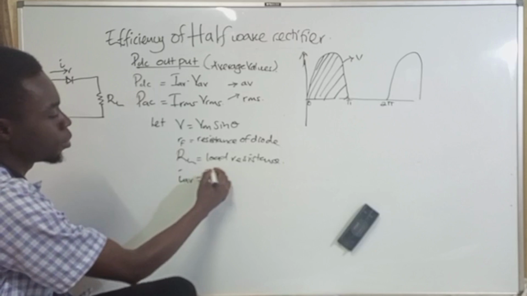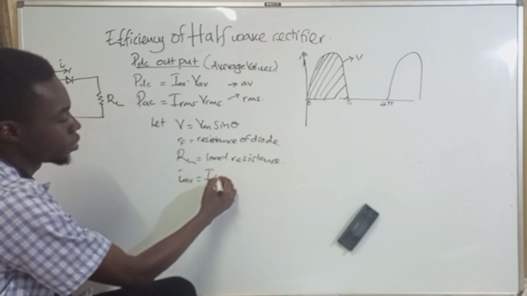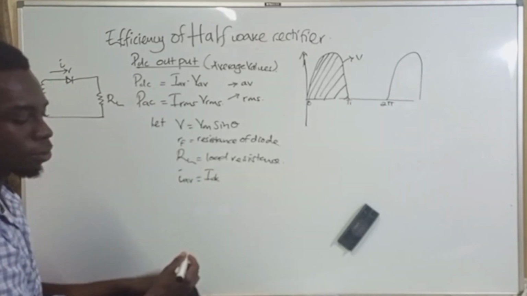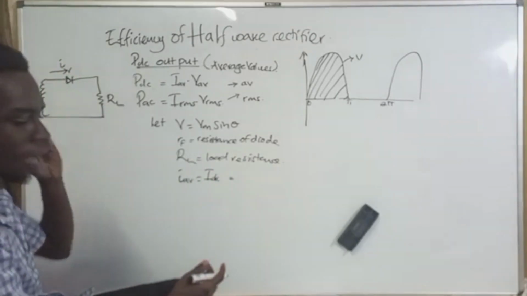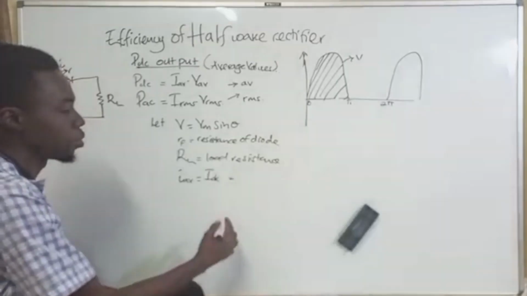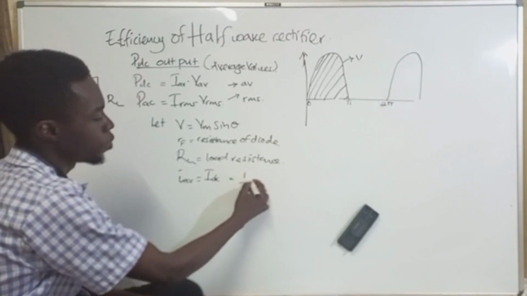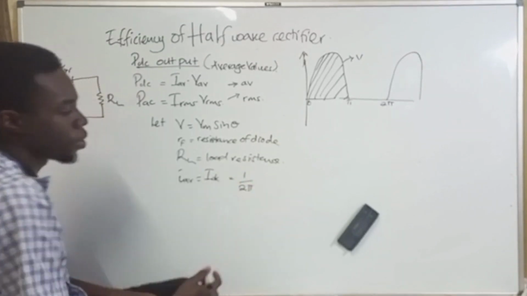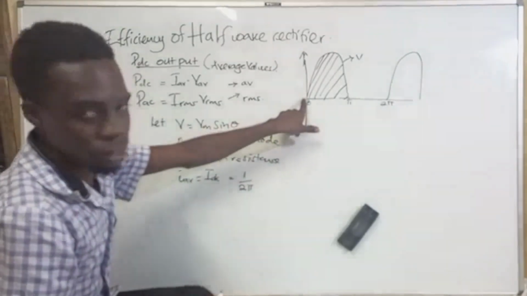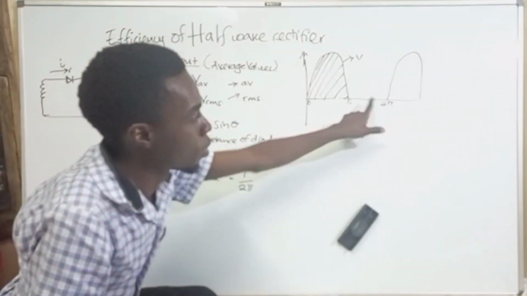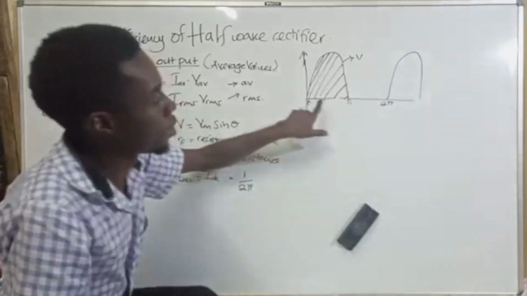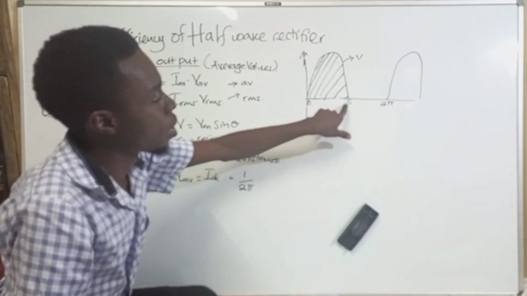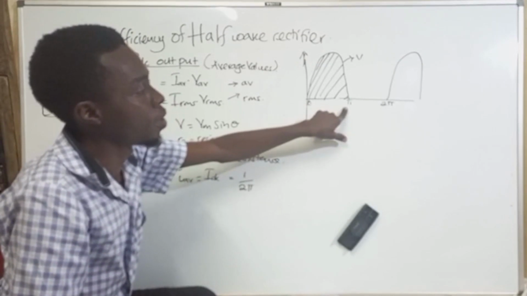It is going to give me what we call the I DC, the DC value of the current that is flowing, and is equal to, we are going to have that average value is always going to be equal to 1 over 2 pi. Why the 1 over 2 pi? Because this is initially supposed to cover from 0 up to 2 pi, okay? But it is only covering pi value over that, okay?